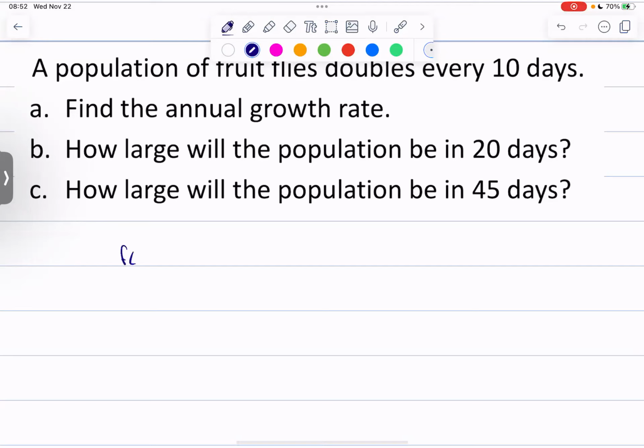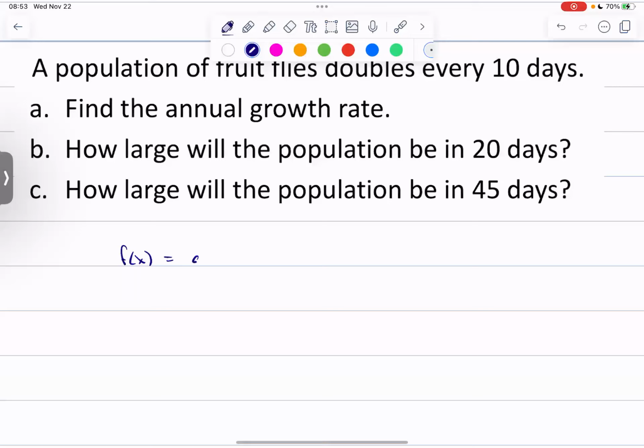Let's see here. F of X is A times 1 plus, that's not what we were doing. I feel like I shouldn't have used continuous before, but it's nicer if they're all continuous.